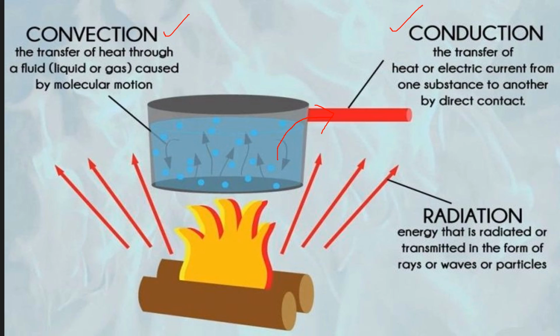In convection, the liquids are getting heated up by a convectional current. In radiation, we can see that the energy is getting transmitted in all directions. That means radiation can occur in any medium.